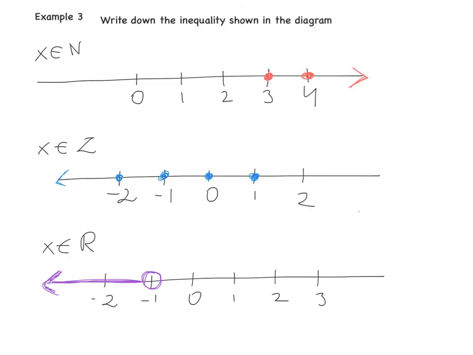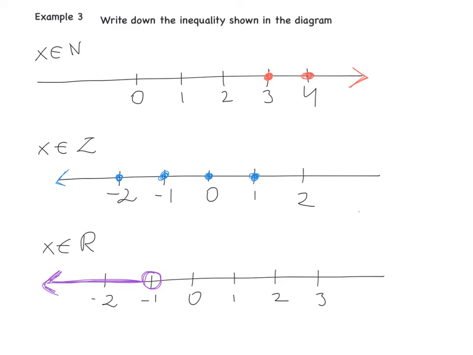And here we have another question for graphing. I've made a number line for you. I've marked the numbers, and you need to write down the inequality. So first of all, we have a number line, 3, 4 is marked, we have the arrow as well, and we know that x is a natural number.